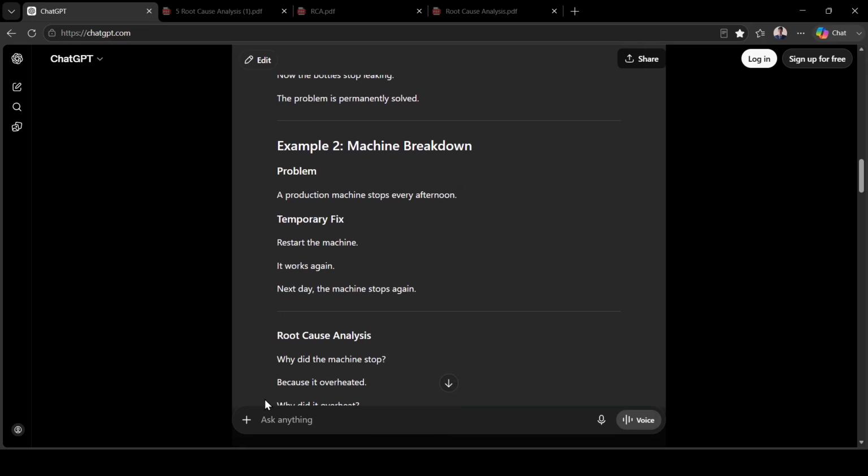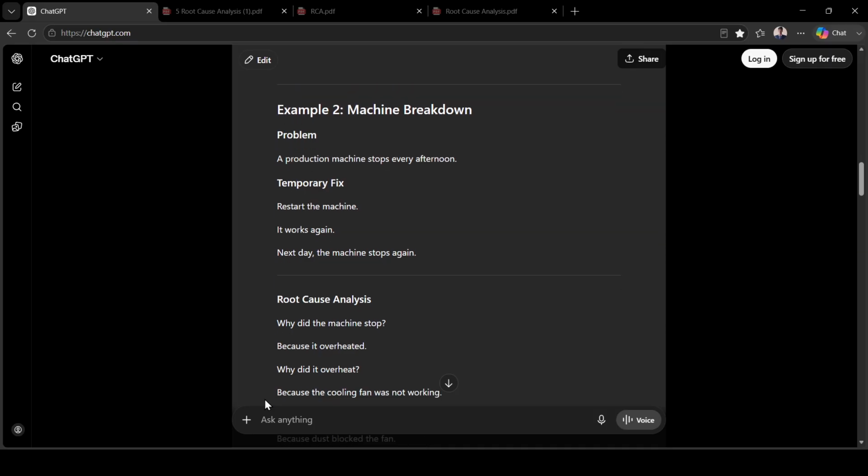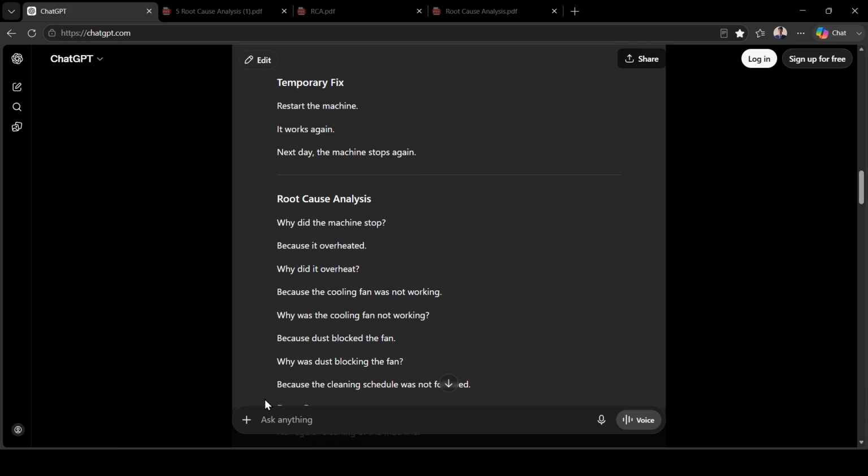Example 2. Machine breakdown. Problem: a production machine stops every afternoon. Temporary fix: restart the machine. It works again. Next day the machine stops again. Root cause analysis: why did the machine stop? Because it overheated. Why did it overheat?